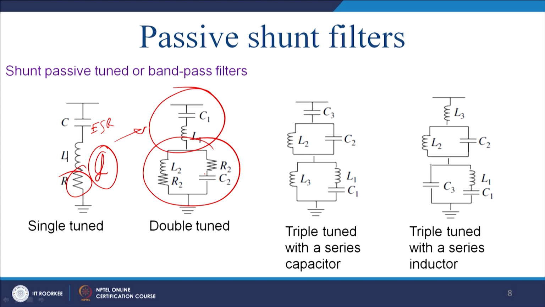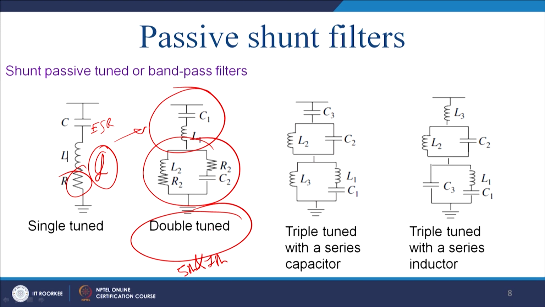These combinations are said to be the double tuned and can eliminate the dominating harmonics, let us say fifth and seventh harmonic. So, you have to design for the fifth harmonic, the same value will come there, and for the seventh harmonic, that will be the parallel filter. So, then you have to design like this.